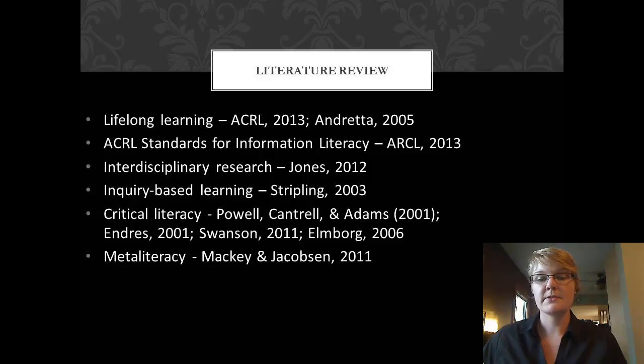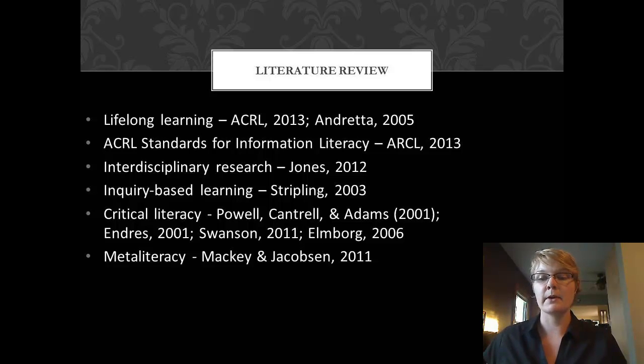There is also interdisciplinary research, which is not necessarily a curriculum or a model, it's more of a trend. This is teaching research skills to students studying things like sustainability or gender, which have a lot of different research threads and tactics.